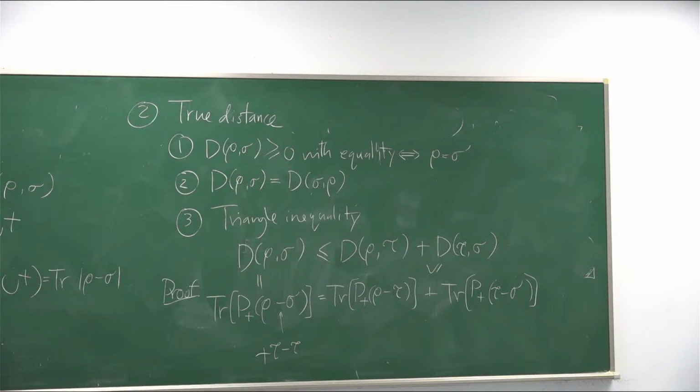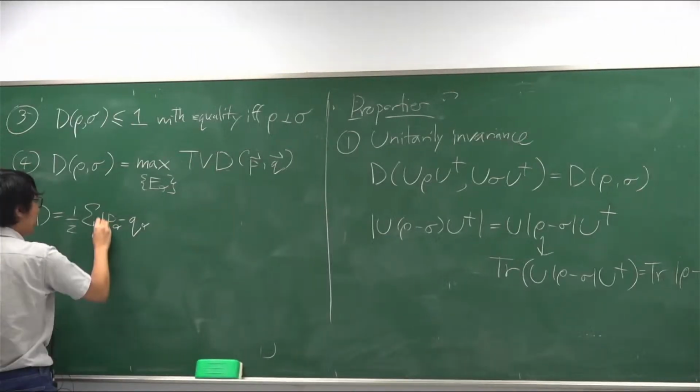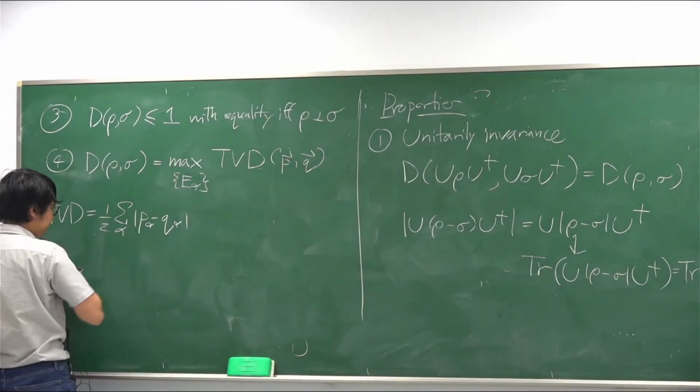Let's see how we prove this, right? TVD is just 1/2 of the sum of |P alpha minus Q alpha|.